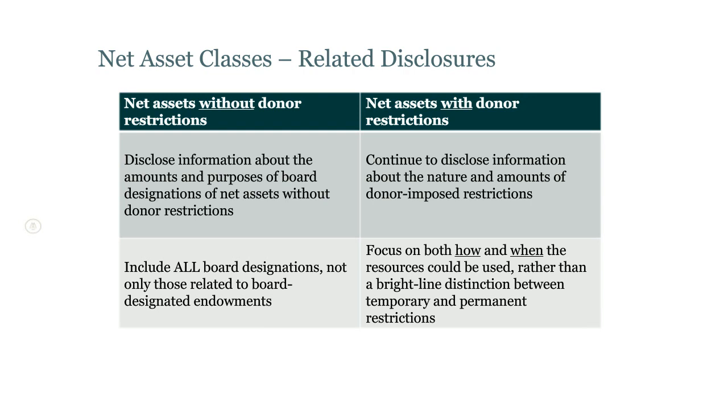So instead of just that distinction between temporarily and permanently restricted net assets, you're providing more information to the users to improve the transparency and understandability about when you can actually use those resources, and that will go along with the new liquidity disclosures as well, just trying to make it more transparent on what your actual available resources are to use in your operations, and when you are able to use those things. So that's required disclosures of really focusing more on the how and the when.